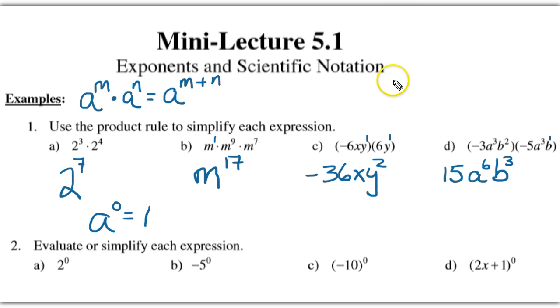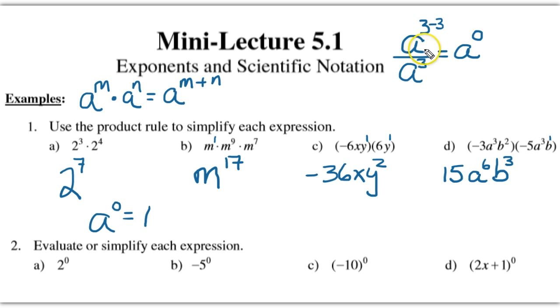And the proof of that, and we'll see it later, but I'll show you now, is if you have a to the third divided by a to the third, we had said the rule is you take the exponent of the base of the denominator as it crosses this division bar, the sign of the exponent changes, and we get a to the third minus 3 is going to be a to the 0 power.